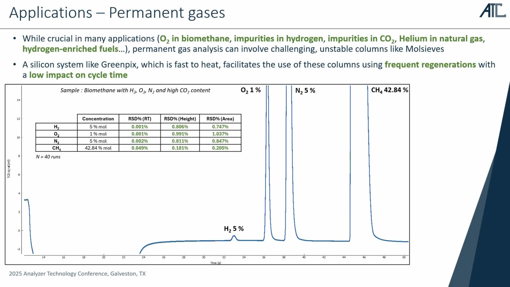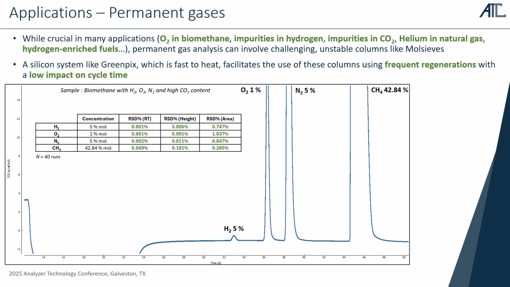And this is another example with an emulsive column for permanent gas analysis, this time in biomethane plus H2. Emulsives are tricky because they're very good at fast analysis of permanent gases, but they are very hard to use in a stable way. They contaminate over time, there is a lot of drift. And here, the point is that retention times are very stable.